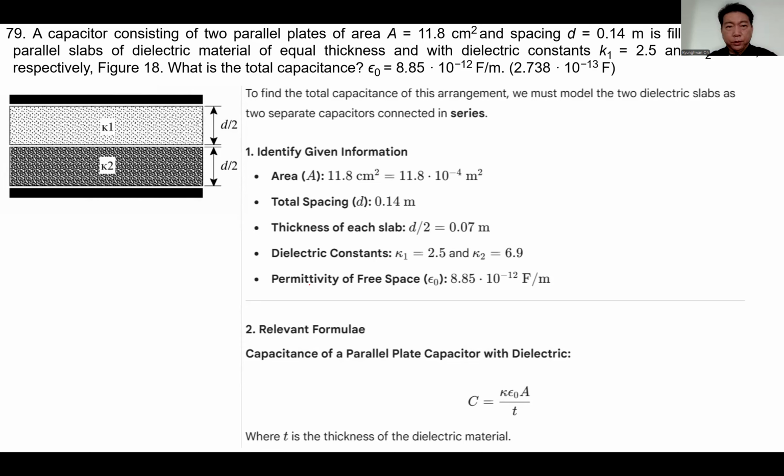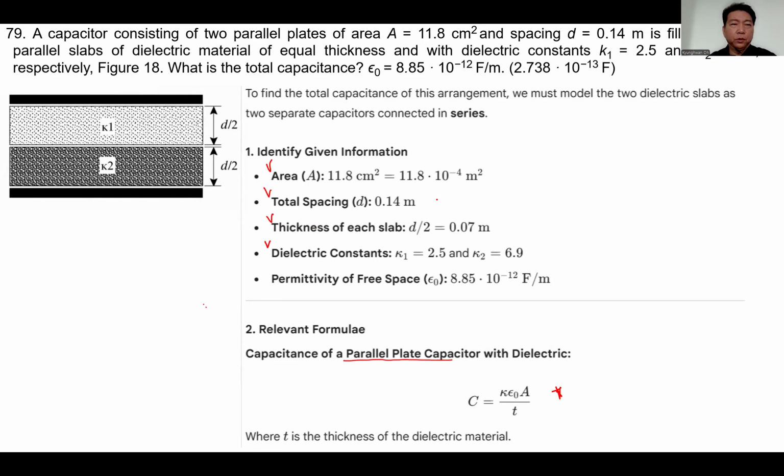Note that the area is known and the spacing is known. The thickness of each slab is known and the dielectric constants are known. The relevant formula is the capacitance of a parallel plate capacitor with a dielectric, which is going to be like this.